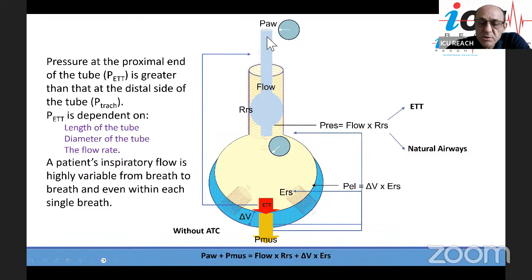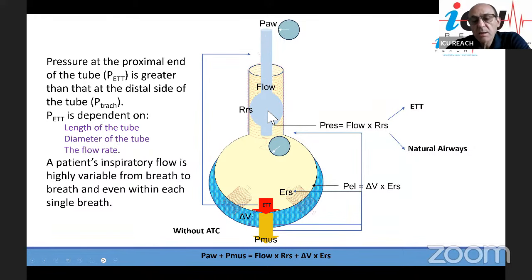That resistive load is related to, number one, the length of the tube. Number two, the diameter of the tube. And number three, the flow of the air through the tube.